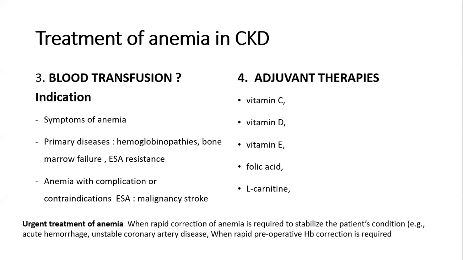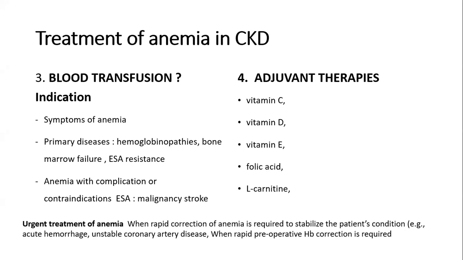Or if you have anemia with complications or contraindications of the erythropoietin stimulating agent, for example malignancy or stroke, at that time you can't give erythropoietin, so you give blood transfusion. You should also combine your treatment with vitamin C, vitamin D, vitamin E, folic acid, and L-carnitine.